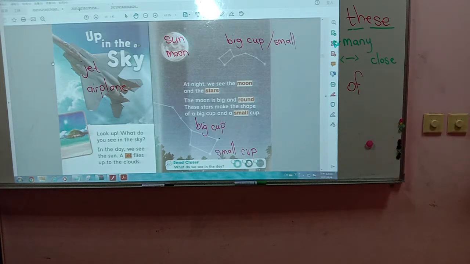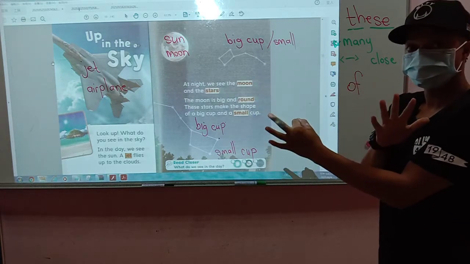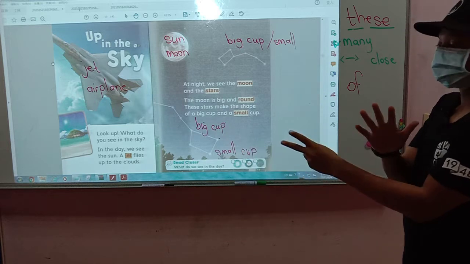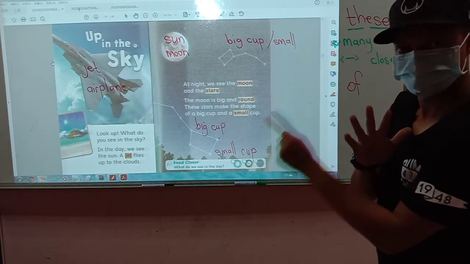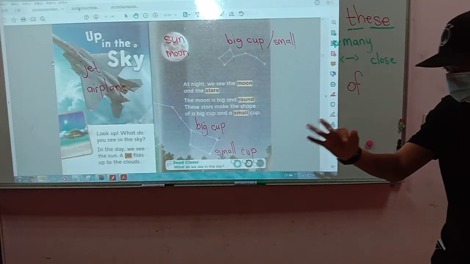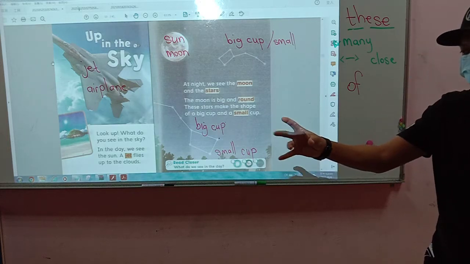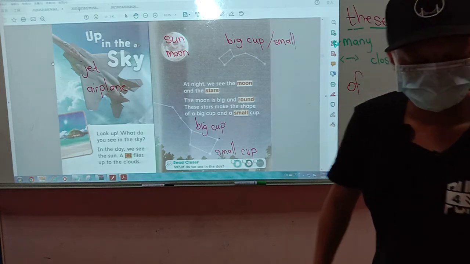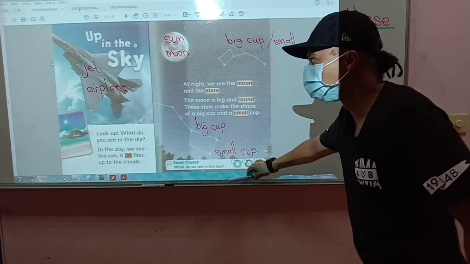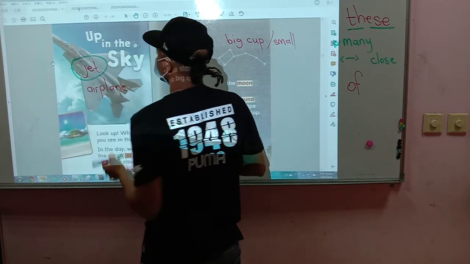Alright, so I'll give you some time to just look at it and try to choose your answer, and then I'm going to give you the answer. So just 10 seconds, boys and girls. Time's up. Let's see what the answers are. So of course, this one is the jet.